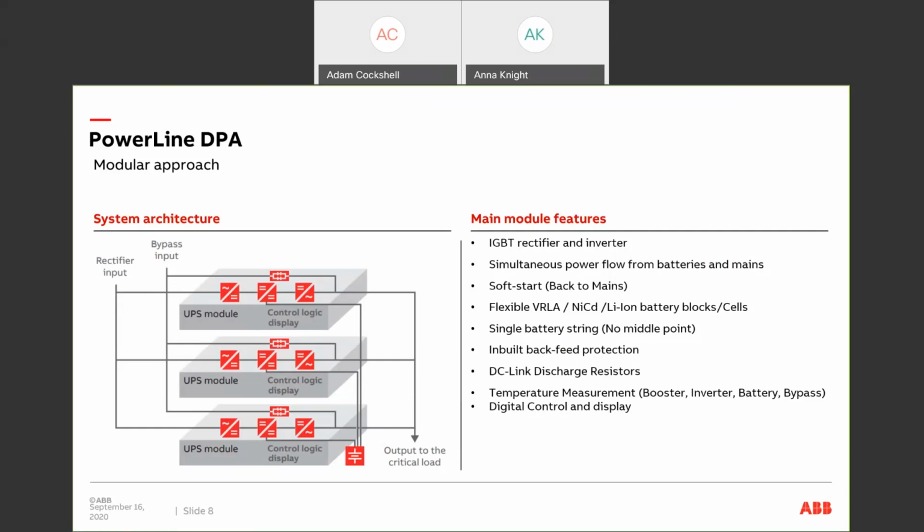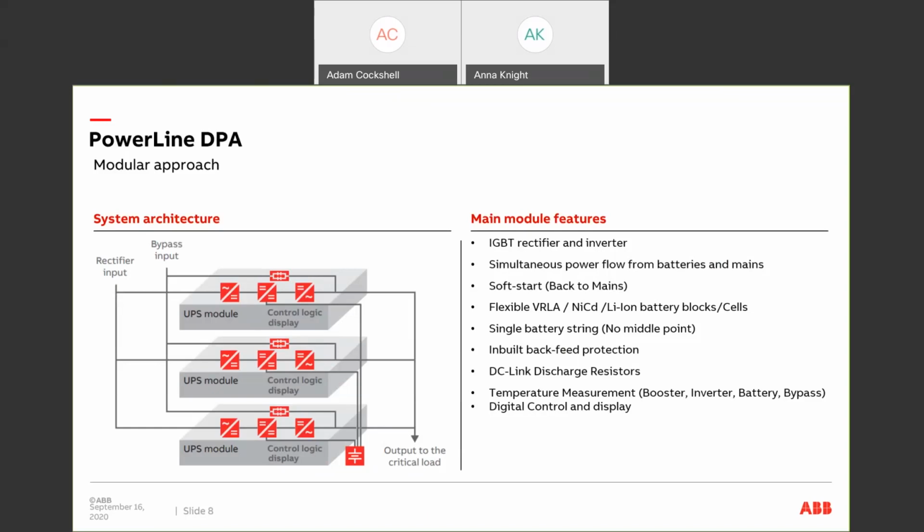Now, with the batteries on this unit, as you can see there, VRLA as standard, 42 to 48 blocks, 12 volt blocks that is, NiCad and lithium ion. So this is an industrial unit that is ready for lithium ion right from the outset. There is no midpoint on these batteries, so it's a positive, negative battery feed.